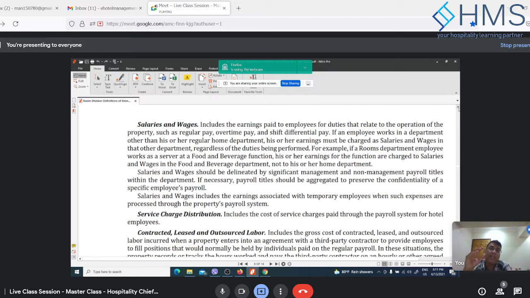But otherwise, if it's done through the payroll system, let's say you hire a person for 3 months, 4 months, or it's a casual labor, then it will go through the salary and wages. So you have to separate these regular pays, overtime, shift differential, and contract.